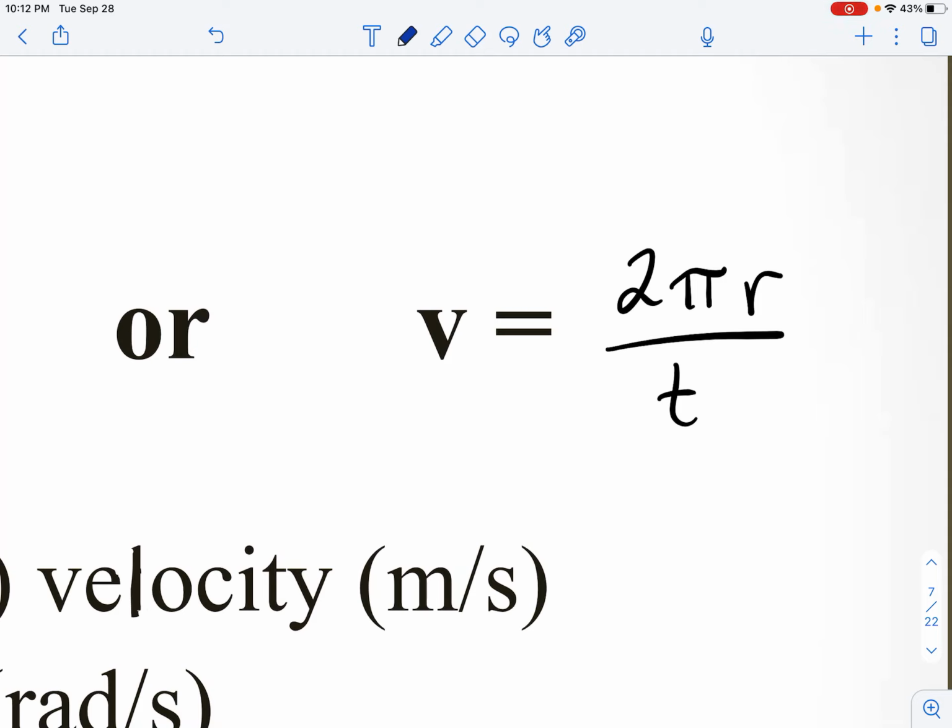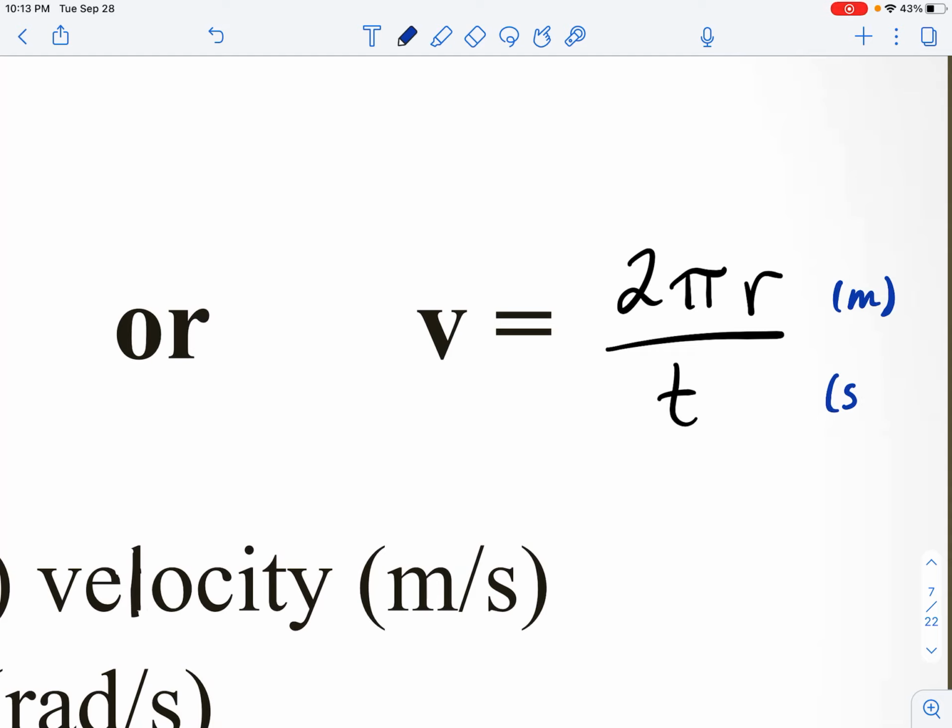So what we have here is still a how far over t. We have 2 pi r measured in meters, and we have a t measured in seconds. So this still gives us meters per second.